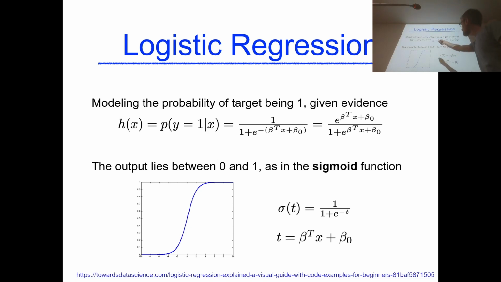This is the shape of the function that you want to learn. Being a probability, the output is always between 0 and 1. And actually, it resembles this function, which is called a sigmoid. Okay? This is the sigmoid function, and these are the parameters. Actually, this is the kind of function you expect. What does it mean?